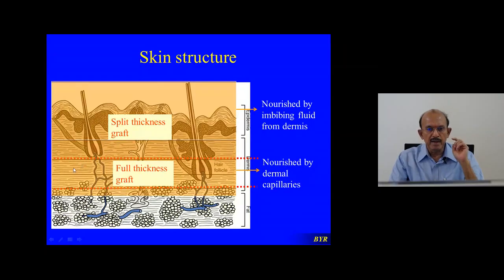So what is being left behind? The left behind structure is the dermis, with remnants of the hair follicles, sweat gland ducts, and sebaceous gland ducts. So these are all epithelial remnants in the dermis.